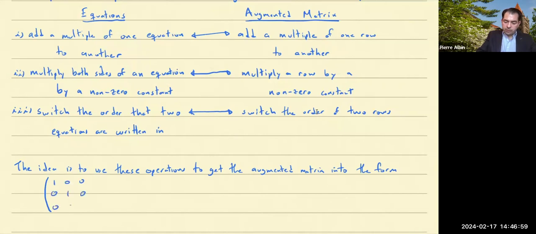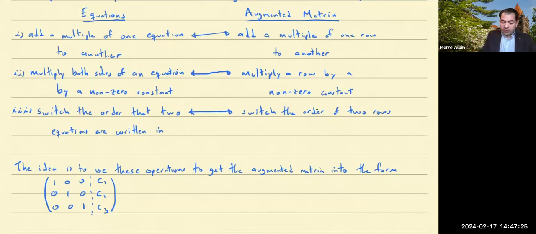If you can get the augmented matrix to look like this, so that every row has just a single non-zero entry before the augment, and those are on the diagonal, and then here you have just some constants, then we didn't change the set of solutions because we only used these row operations.